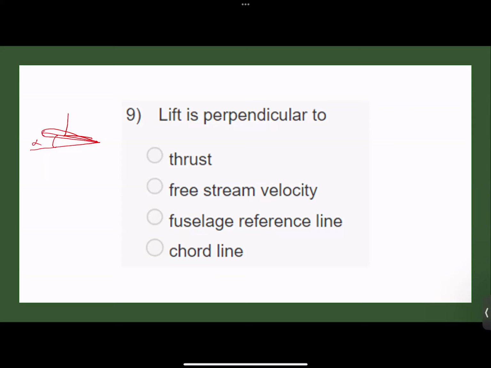No, I still think it should be free stream velocity because the lift and drag change accordingly. So yeah, it's perpendicular to the free stream velocity. So lift and drag. I'll just draw it clearly. It's free stream velocity. Okay.